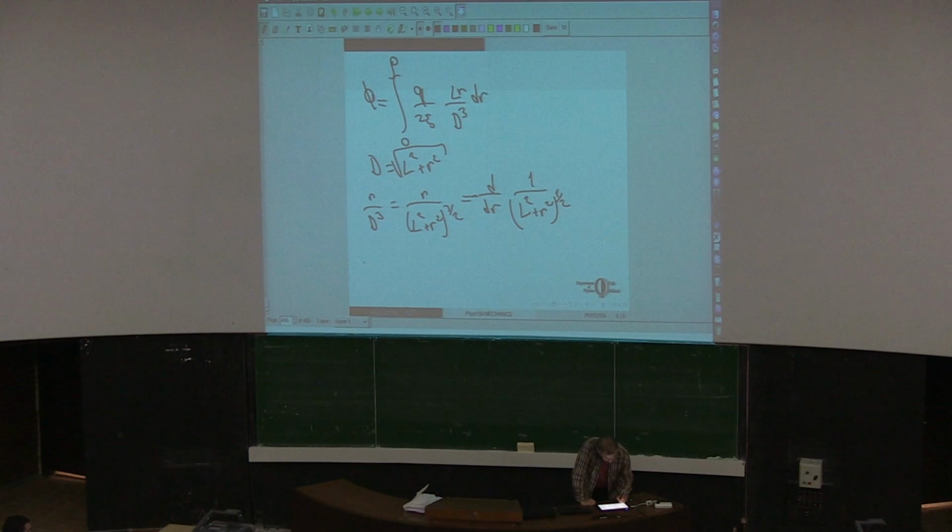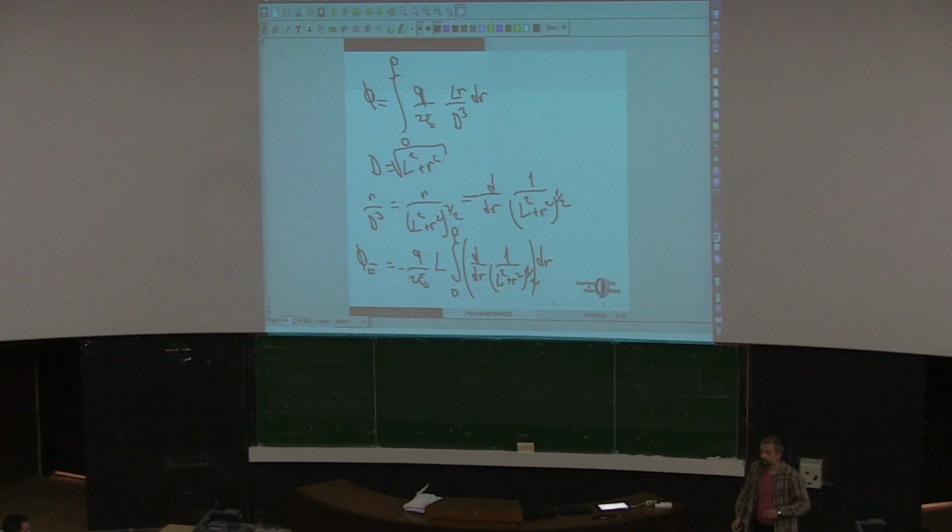So phi e is equal to q over 2 epsilon 0 L times the integral from 0 to rho of minus d by dR of 1 over (L squared plus R squared)^(1/2).